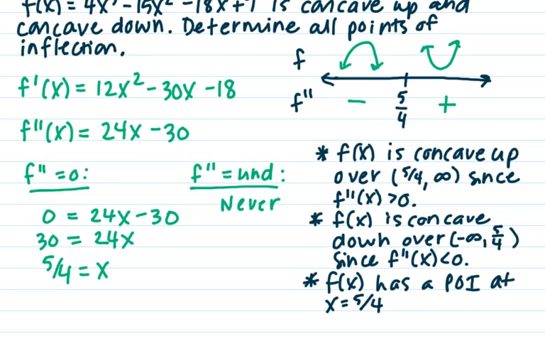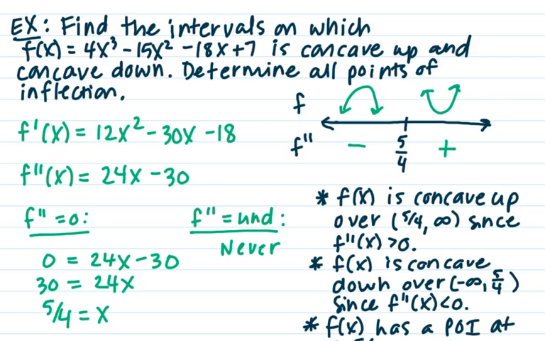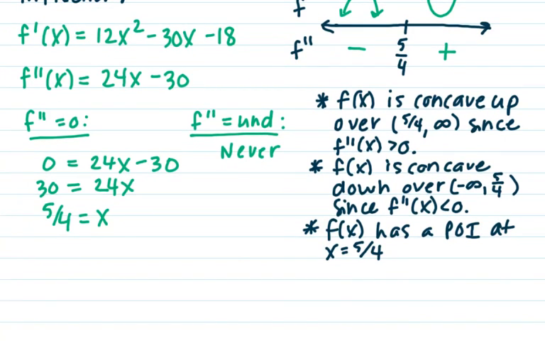Sometimes they'll want you to write a coordinate point here. Obviously, if that were the case, you would just take this and plug it into that original equation again, but I'm not going to make you do that right now. And the reasoning is since the second derivative changes sign at that x value.